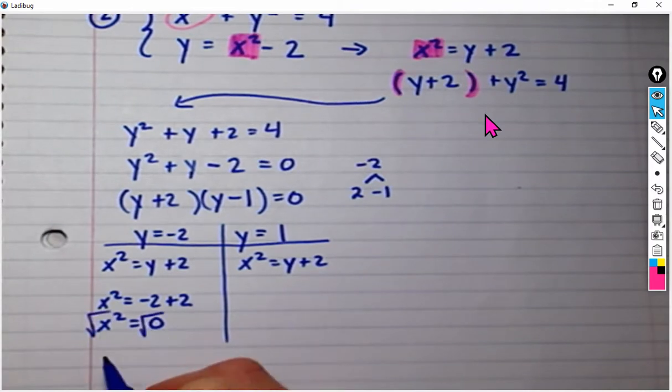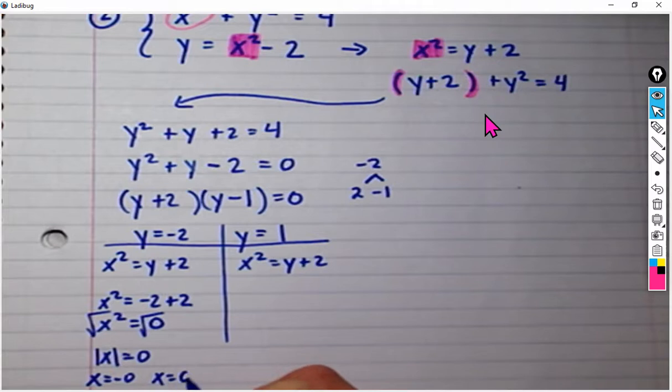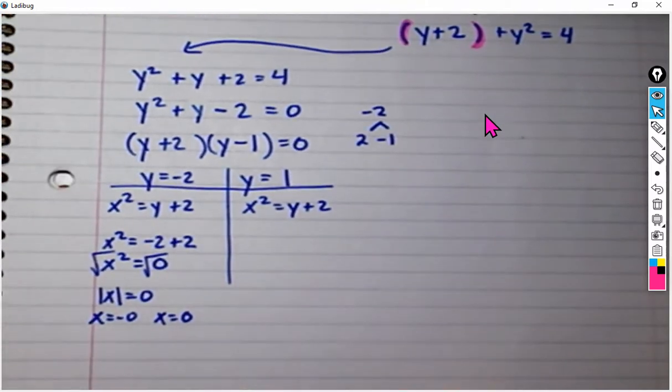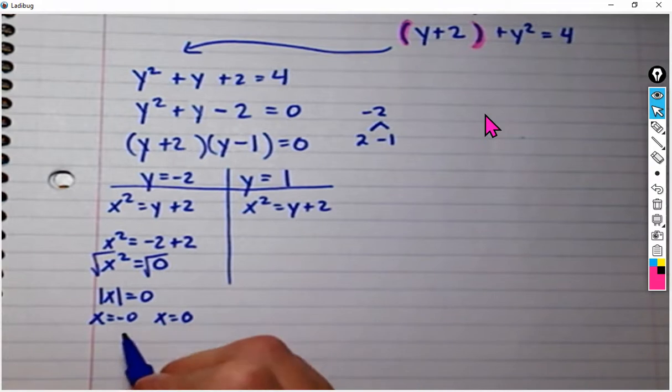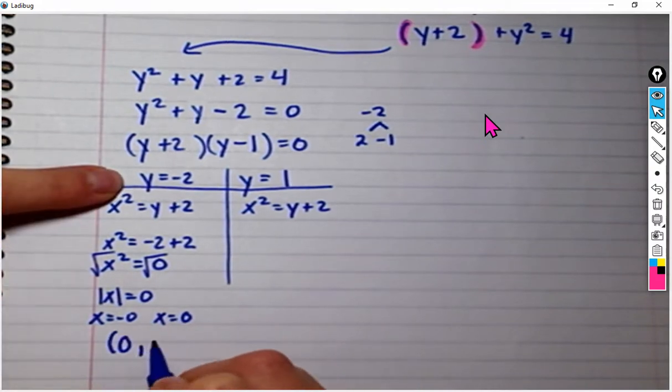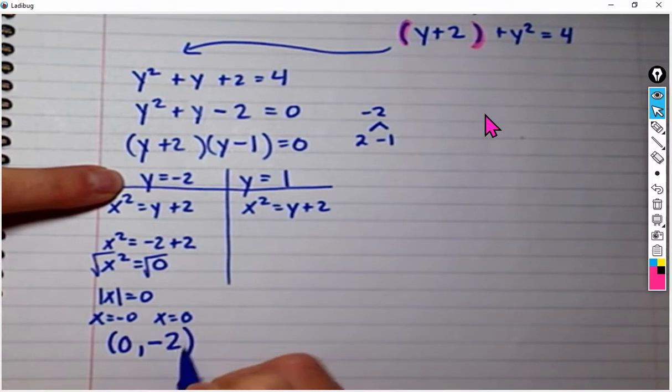So when I root, x equals 0, negative 0, and positive 0. That's a double solution because you got the same number twice. Okay, so we get x equals 0, so you get 0, negative 2.